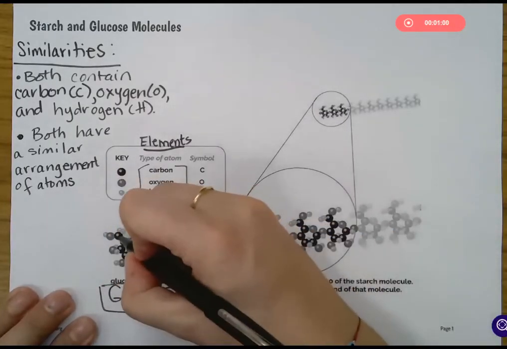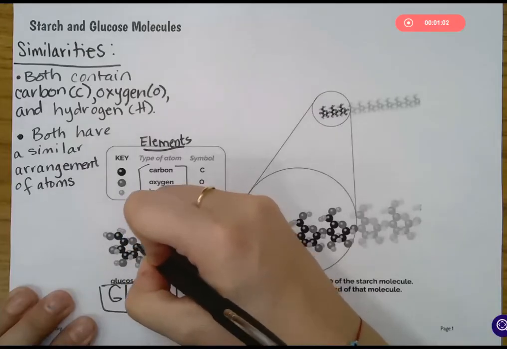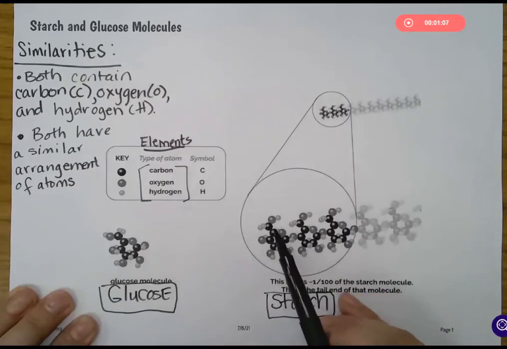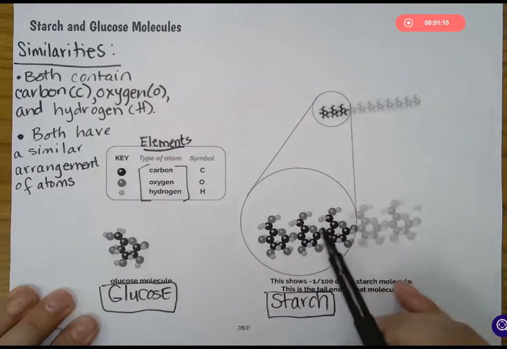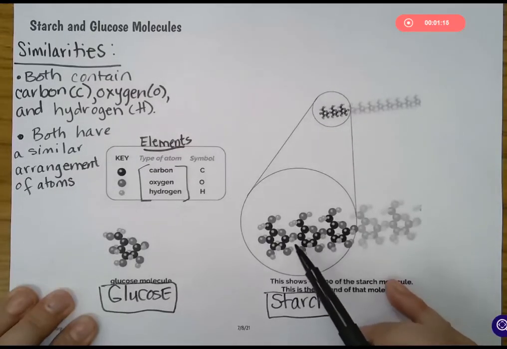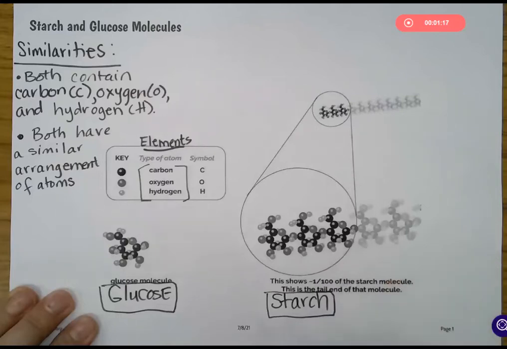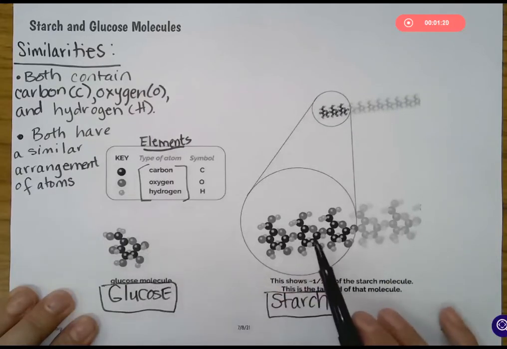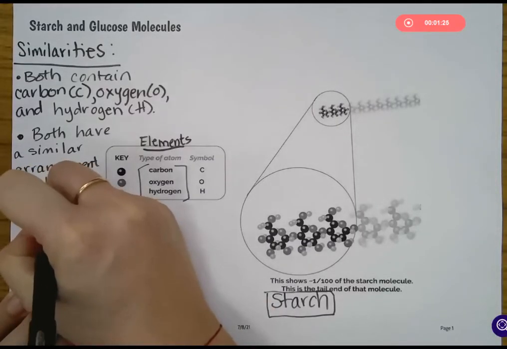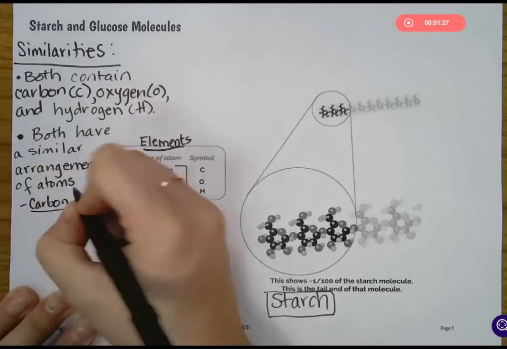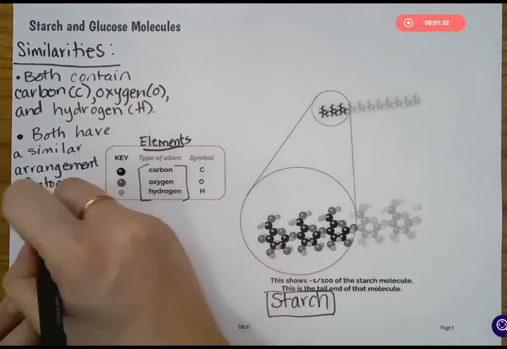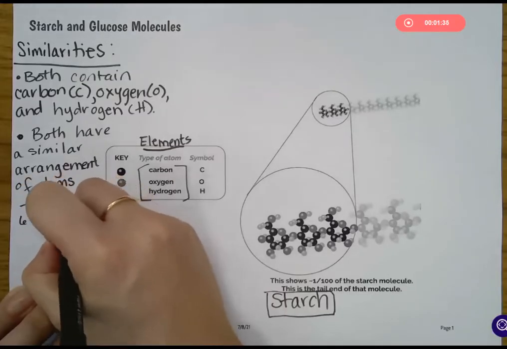I have 1, 2, 3, 4, 5, 6 carbons, right? Let's look over at our starch. 1, 2, 3, 4, 5, 6. 1, 2, 3, 4, 5, 6. So they've got that 6, and they're arranged in the same pattern, right? You can see the pattern of carbon here and the pattern of carbon here. So one example: 6C, that's the carbons, in a ring.